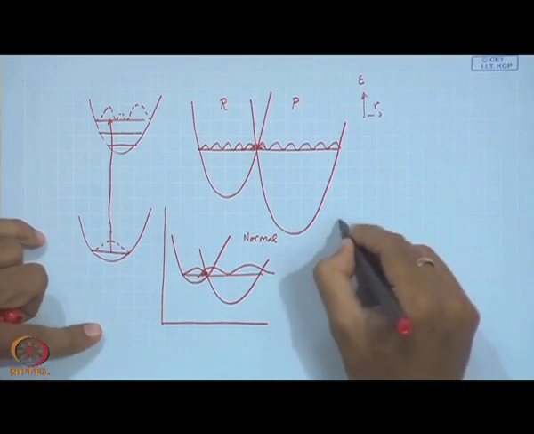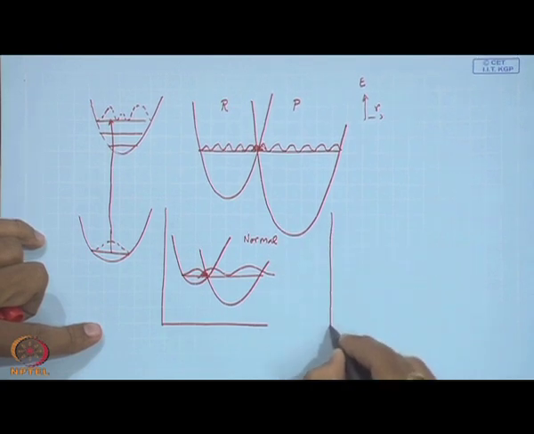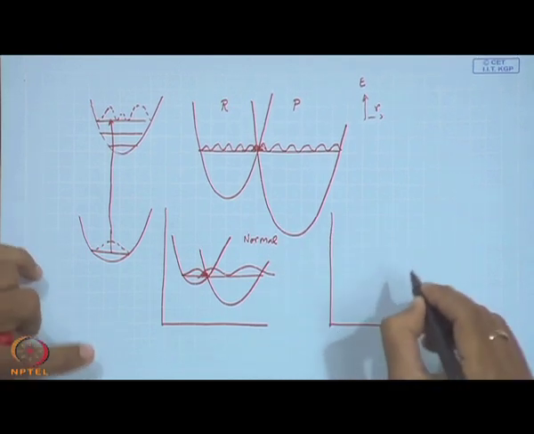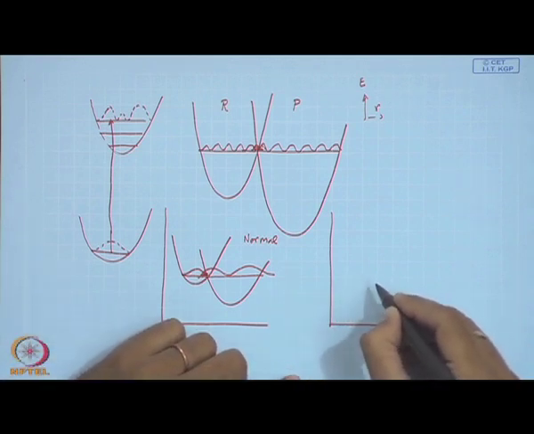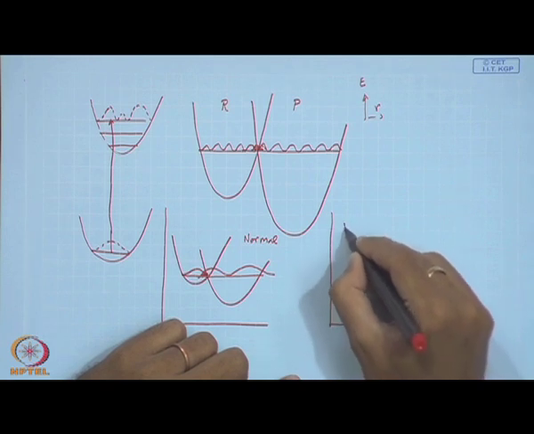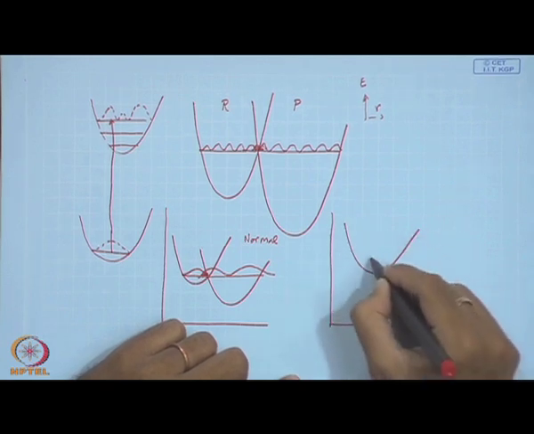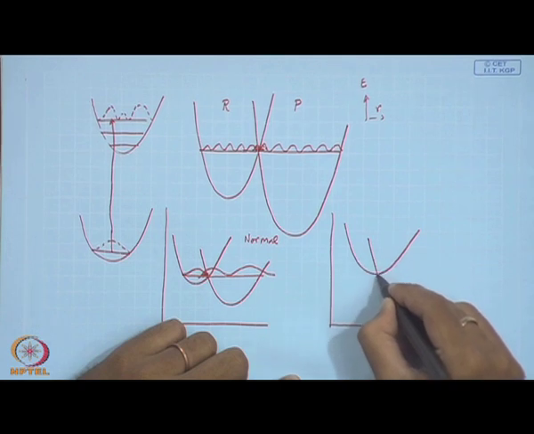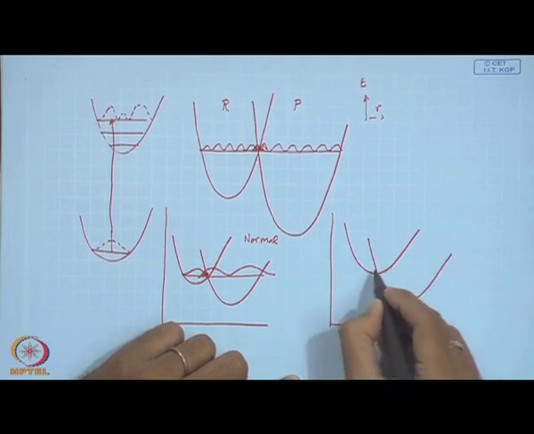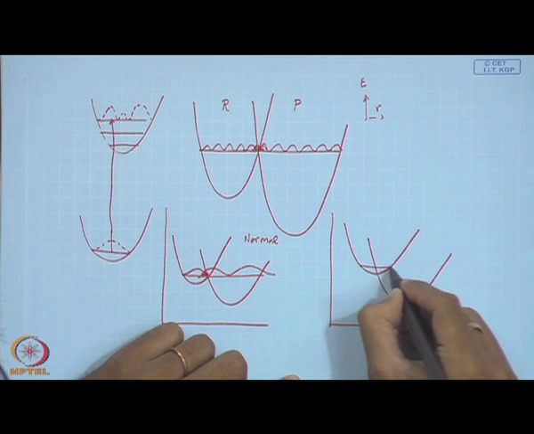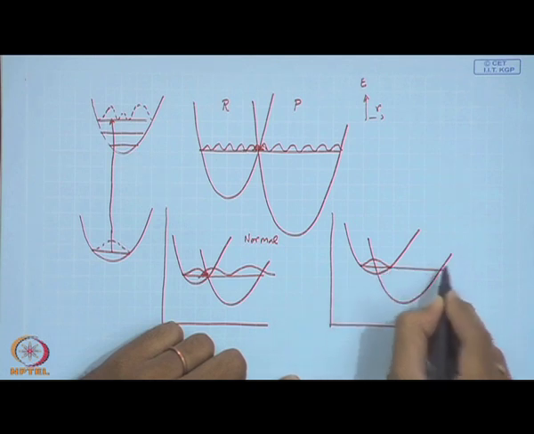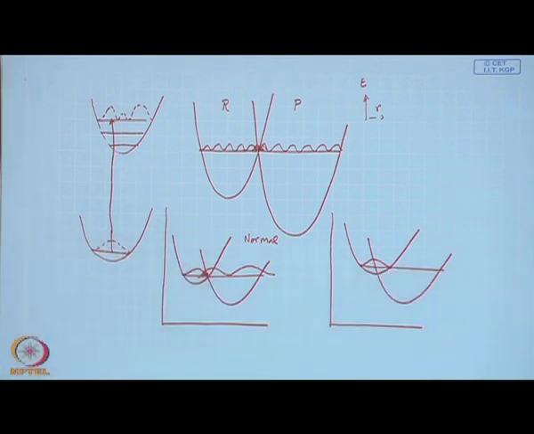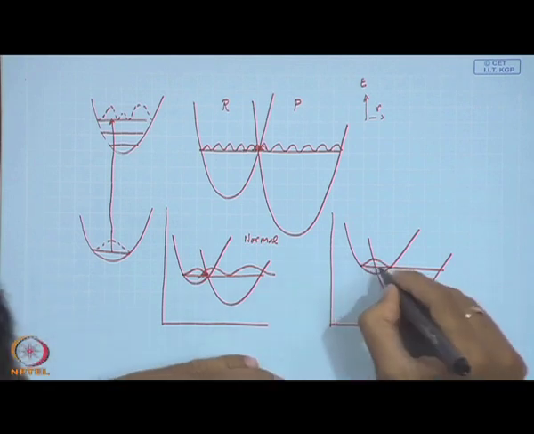Then if it is an optimal one, optimal means you have this surface, you have another surface like this, and maybe you have this one, and let us draw it in black.